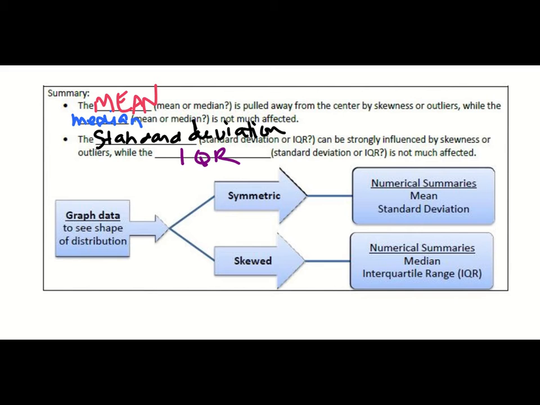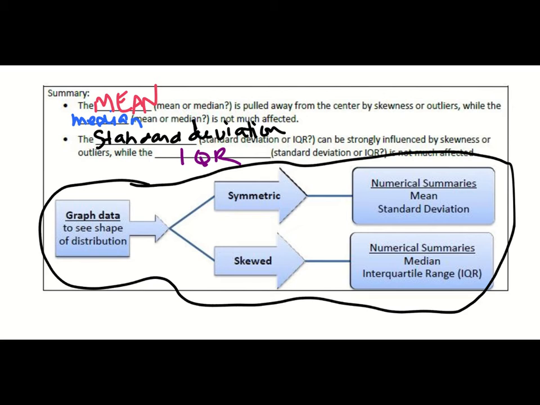This main screen you really need to know. I don't know what kind of test they're going to give you yet, but if it's my test, you're going to have several questions like: if your graph is symmetric, are you going to use mean and standard deviation? You should basically know that if it's a symmetric graph, you use mean and standard deviation for your center and your spread. And if it's a skewed graph, it should be median and IQR.